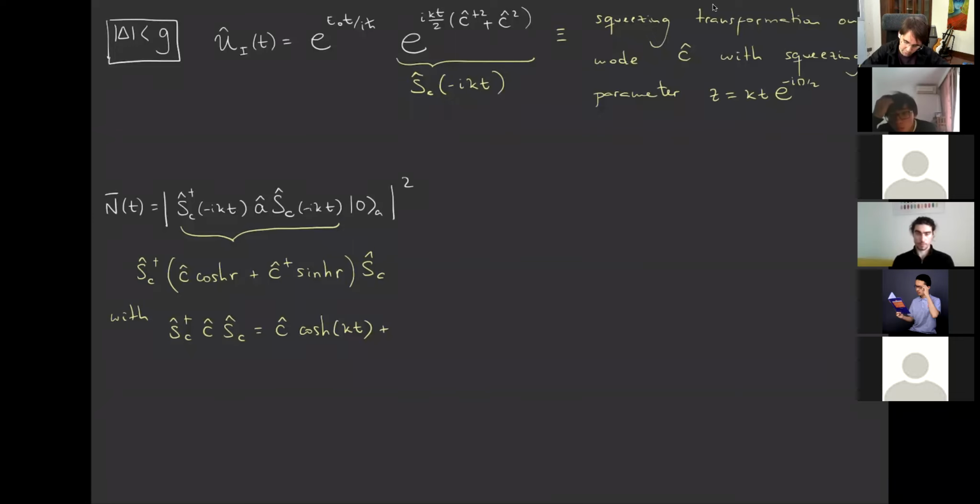In this case the phase is just because we have a phase pi over 2, so we get here a phase pi over 2, and then C dagger and the hyperbolic sine of the squeezing parameter.